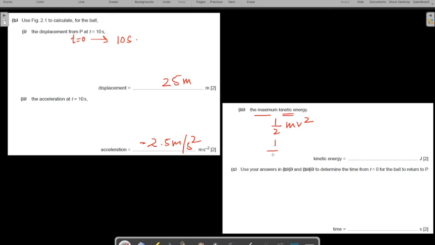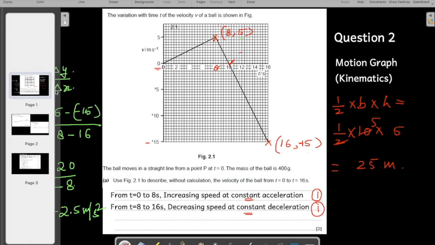So which becomes half times, what is the mass of the ball? The mass of the ball is 400 grams or 0.4 kg. We know the mass. And what is the maximum velocity? The maximum velocity is 15 in the reverse direction, therefore minus 15, but we are not talking about the signs here because energy is not a vector quantity, right?